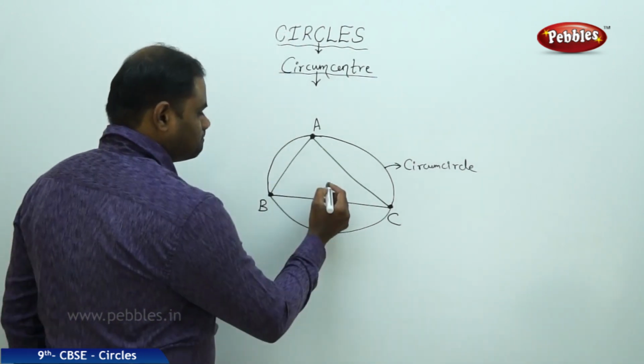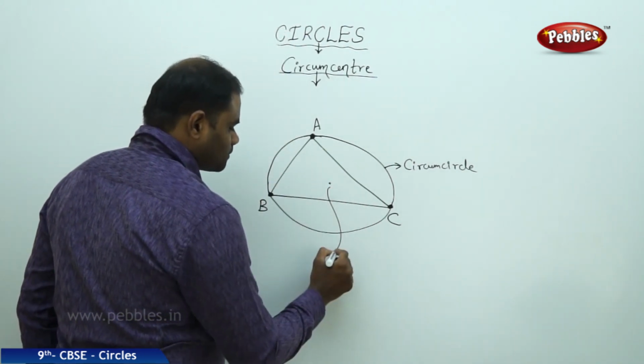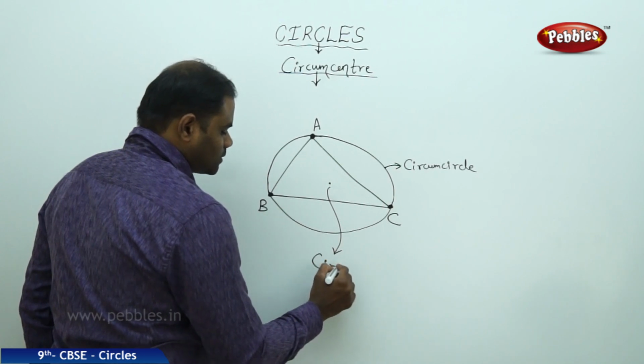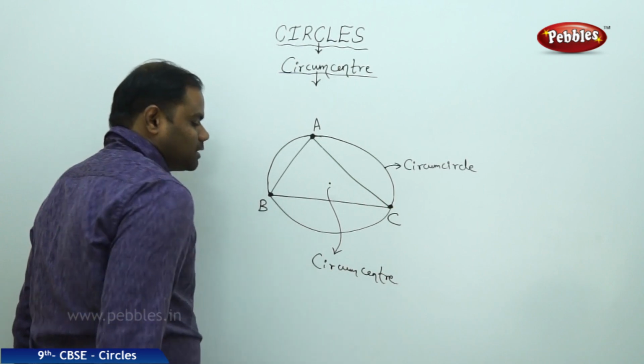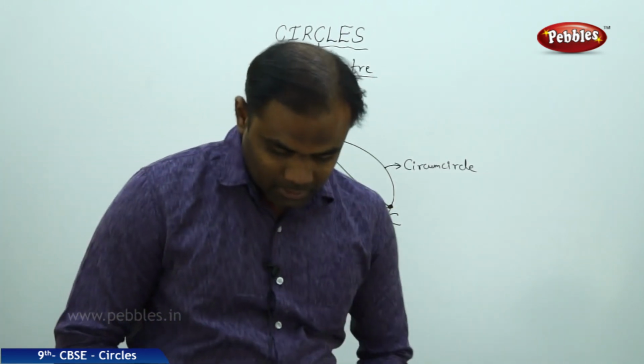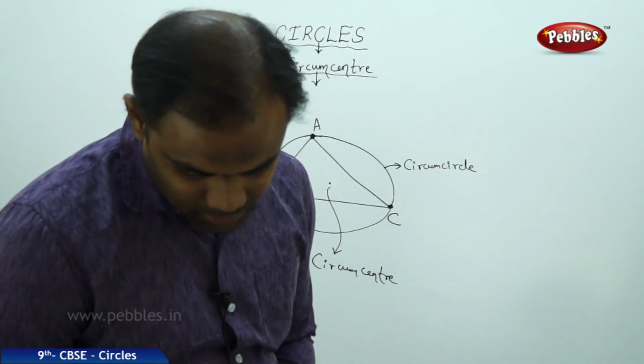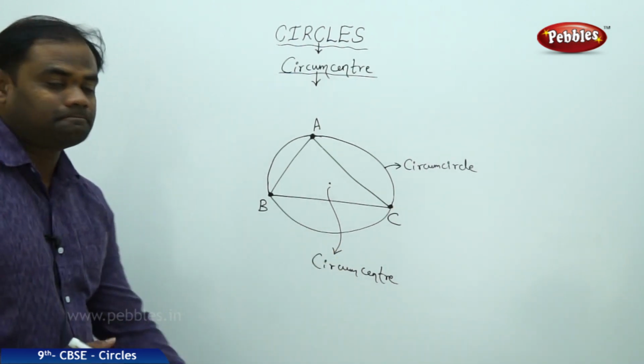Here this point is called the circumcenter. That is how we understand the circumcenter for a given circle.